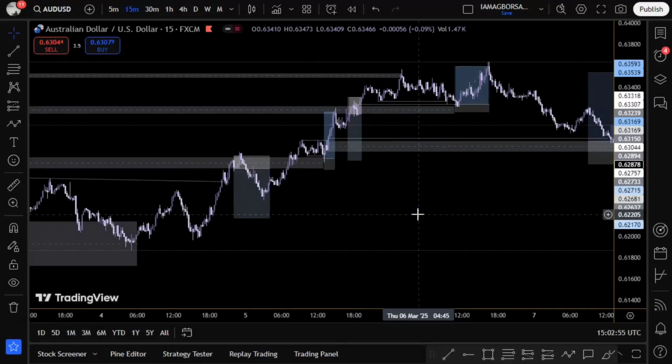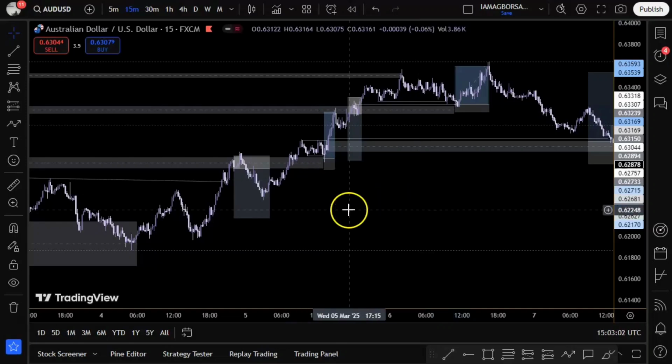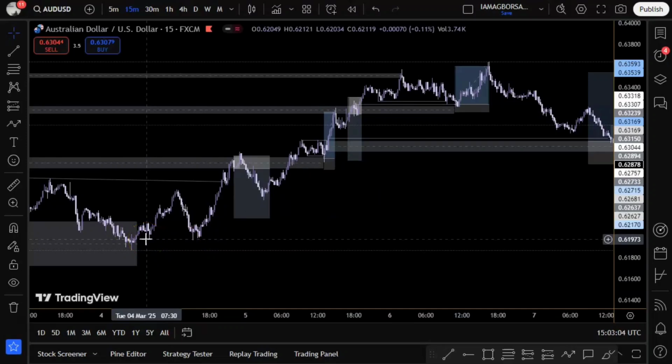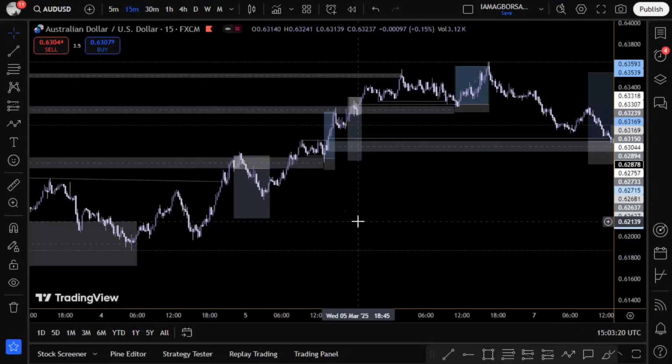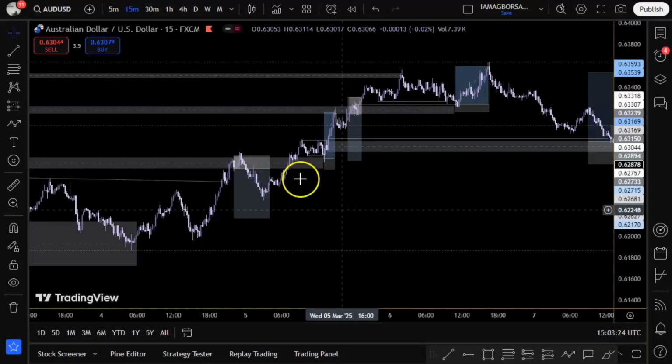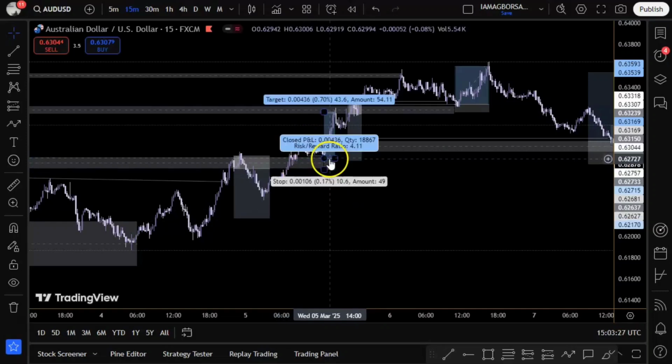After we found out that we had mitigated a 4-hour order block and were seeing bullish intent, we started switching our bias and approach towards the market. Then we were able to take this buy. Why did we take that buy?